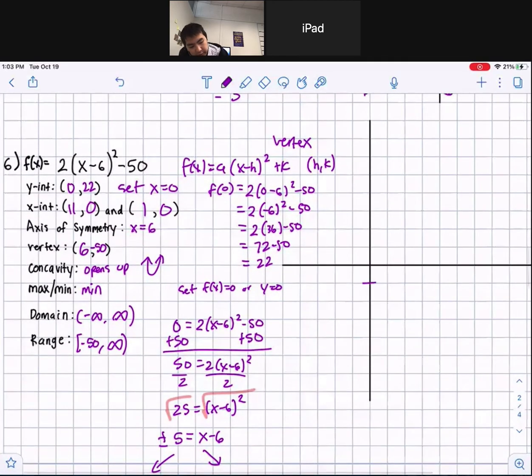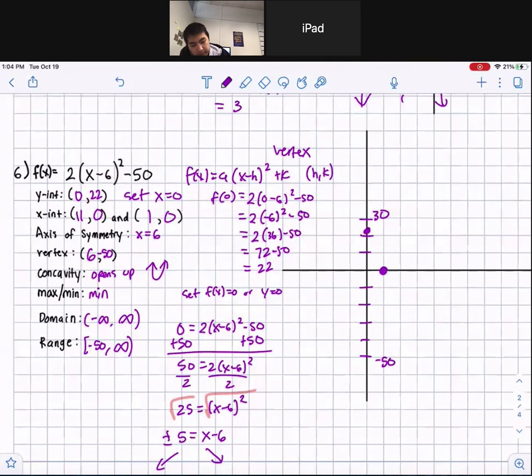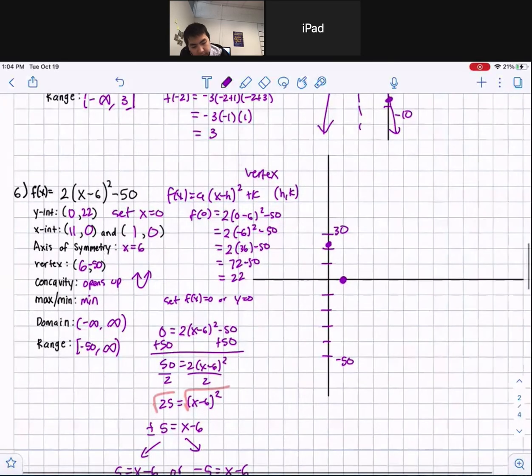So let's just make these all by 10s for the y's. 0, 22 is somewhere right there. 1, 0, right there. And 11, 0, 1, 2, 3, 4, 5, 6, 7, 8, 9, 10, 11. 6, negative 50, 1, 2, 3, 4, 5, 6, all the way down to negative 50.